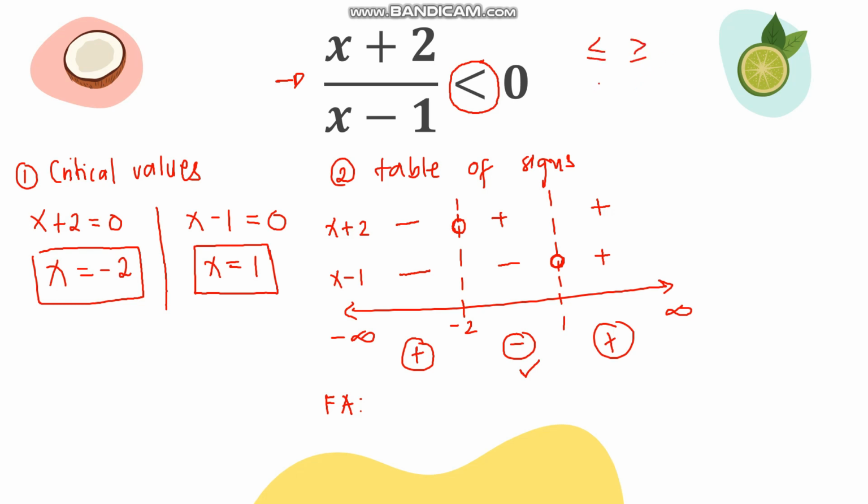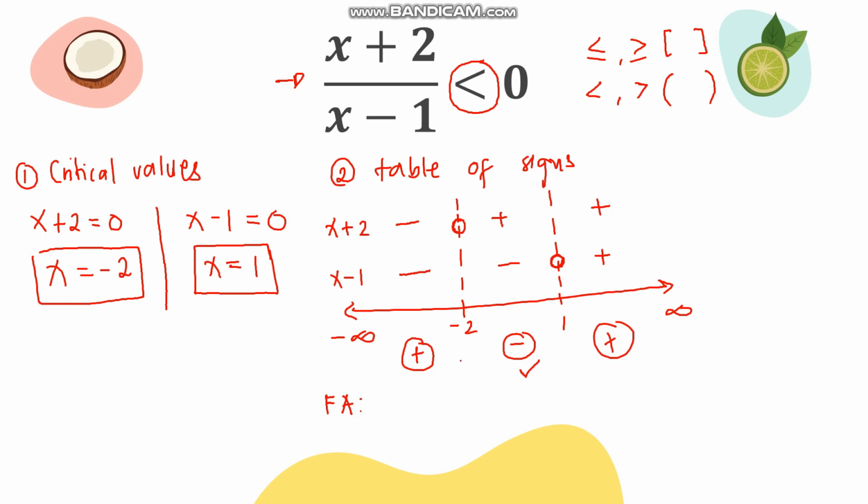But if the symbol used is less than only or greater than only, then the critical values are not part of the solution. So please take note of that. Another thing is that in case the critical values are included, then we have to use a bracket. But if not included, we have to use parentheses.